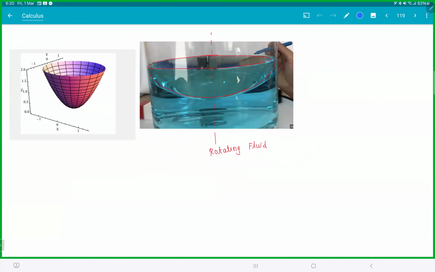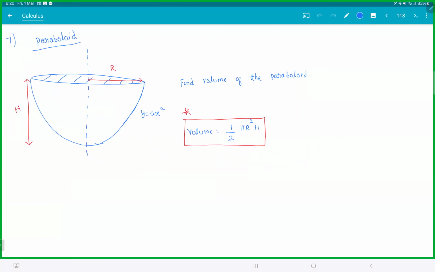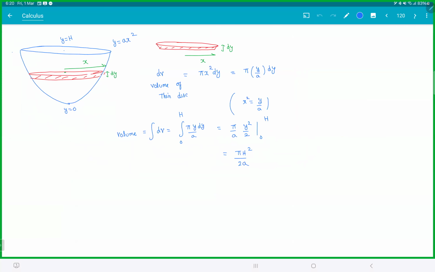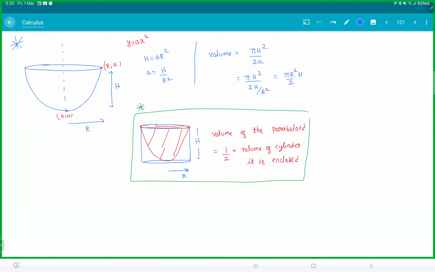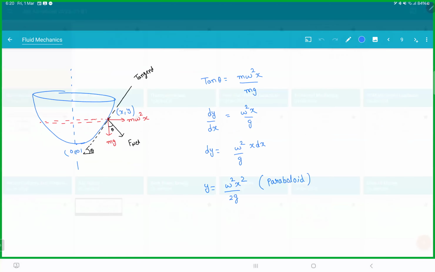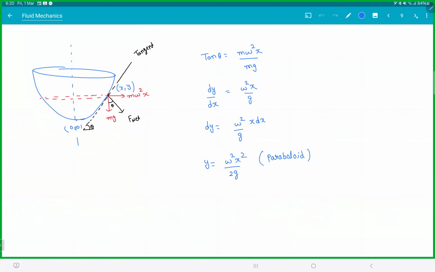In case you forgot, you need to go back and refer. This I taught you for this problem. The proof is here, so you can remember the result. If you have a cylinder of radius r and height h, and inside there's a paraboloid, it will occupy exactly half of the volume of the cylinder. You're going to need this result now. Now try. I'll give you 2 minutes.